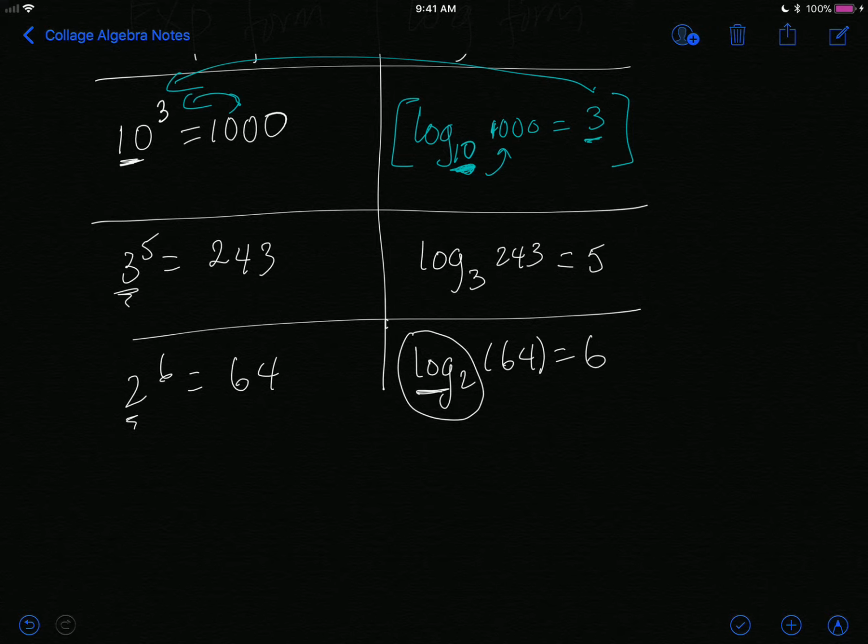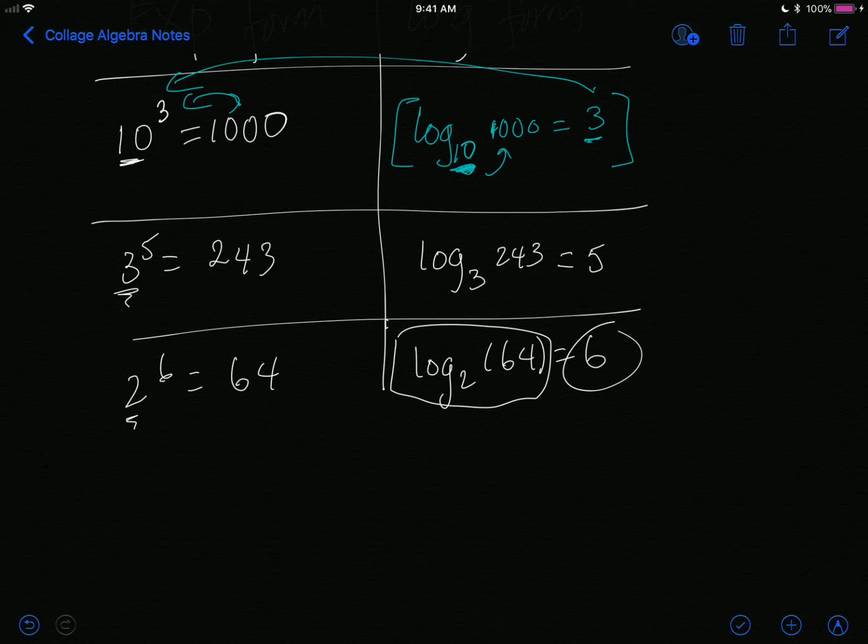It's important to see this as one whole term. Log base 2 by itself has no meaning. It has to be log base 2 of something. So log base 2 of 64 is the power that I need to raise 2 to get 64.